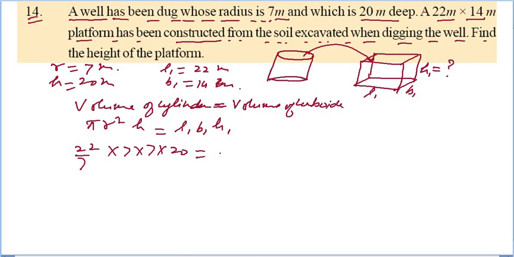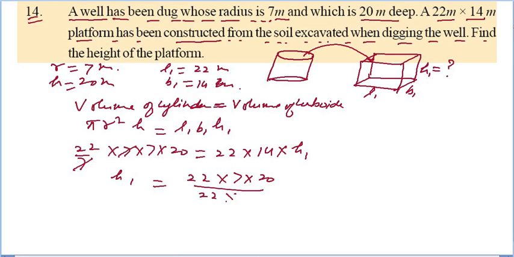Here L is 22 and B1 is 14, and H1 we want to find. So 7 cancels with 7. So H1 is equal to 22 into 7 into 20 over 22 into 40. So 22 will be cancelled, and 7 twos are 14, 2 ones are 2, and 2 tens are 20. So height H1 is equal to 10 meter, and that one is your answer.